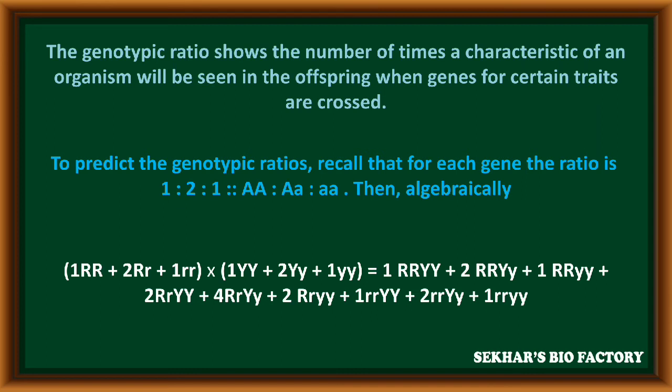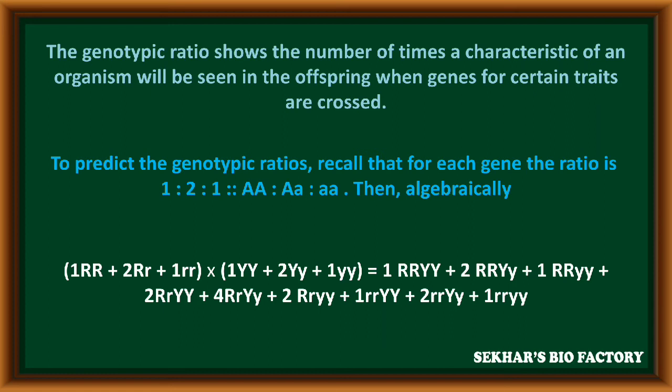To get the dihybrid cross genotypic ratio, the formula is (1 capital R plus 2 capital R small r plus 1 small r) into (1 capital Y plus 2 capital Y small y plus 1 small y).